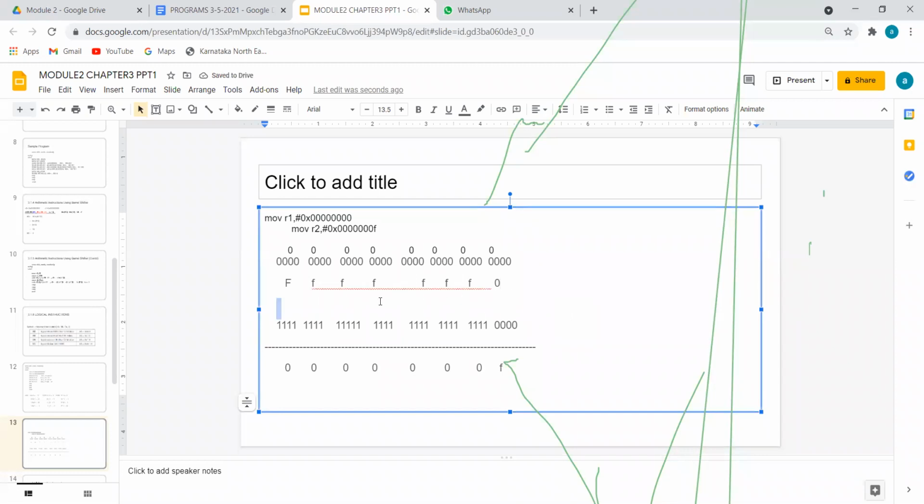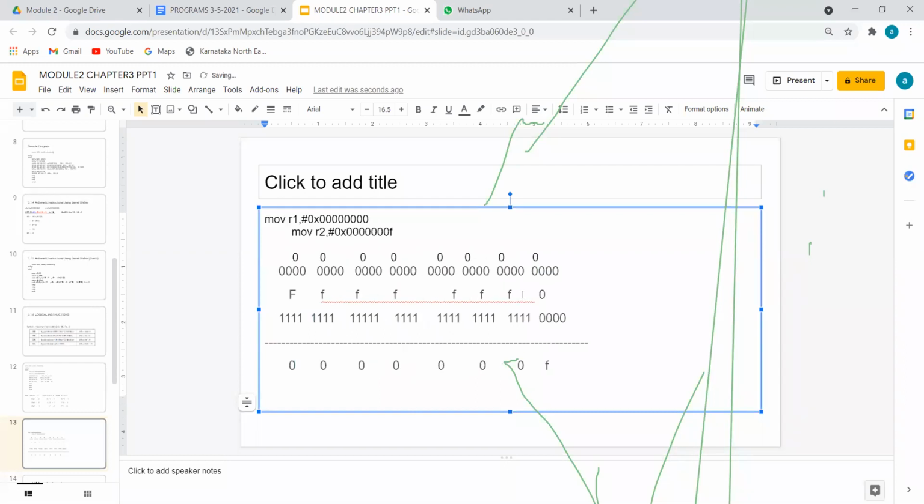So between this, what is the logic here? So let me take it here. You can imagine now. These bits and these bits should be ANDed. So here we have to perform an AND. So what is this answer now? 0. You can start from your right side, means LSB side. So even this I have to change into 0. So answer will be 0. Hope it is clear now for all.